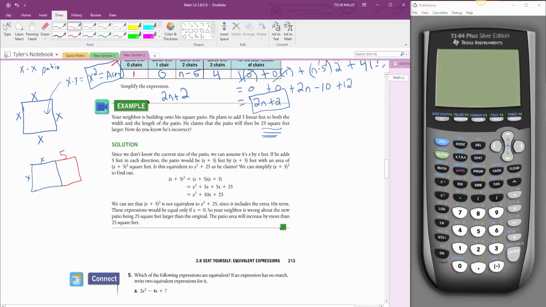And then I'm also adding 5 feet this way, so this is 5 feet as well. We can break this down this way if you want. So this is x feet, this is x feet, this is 5, this is 5, this is x.